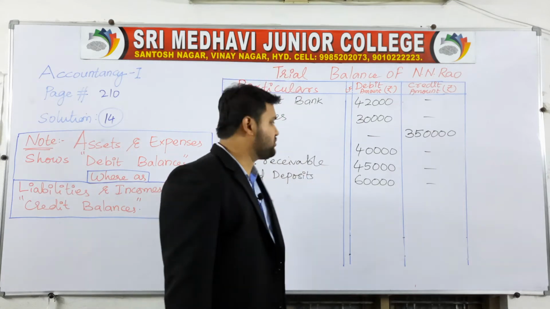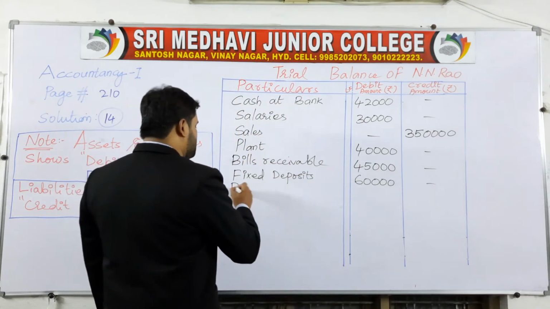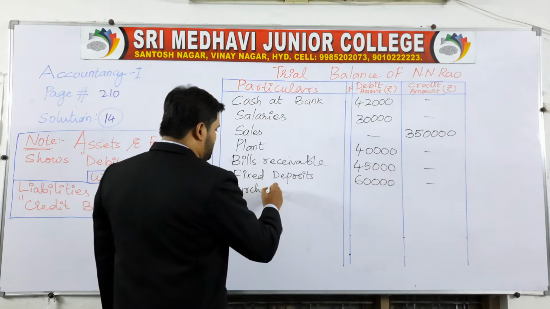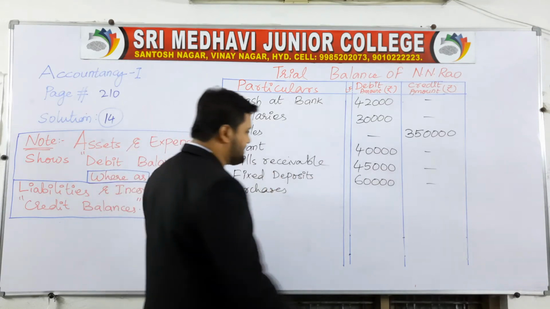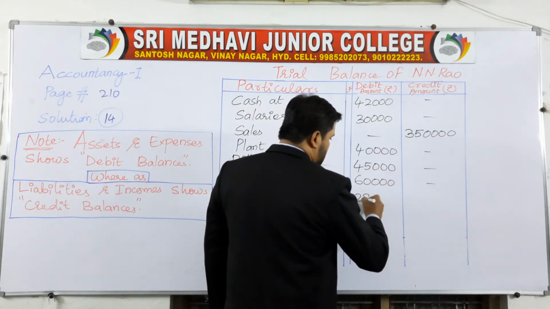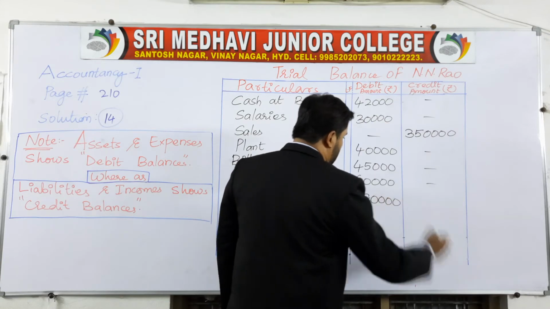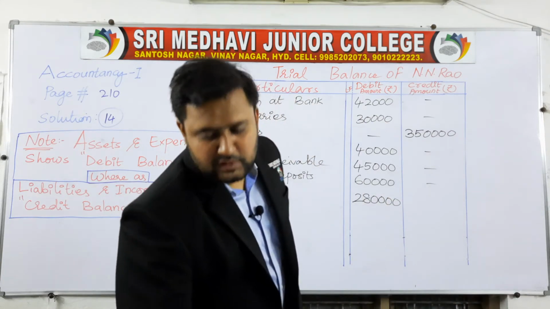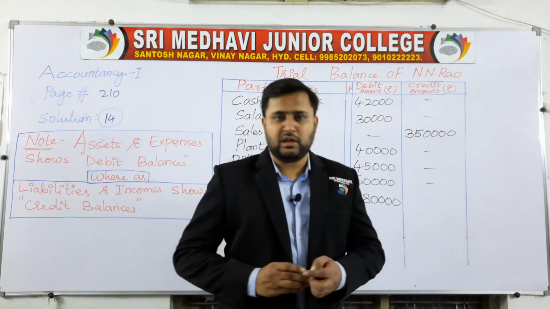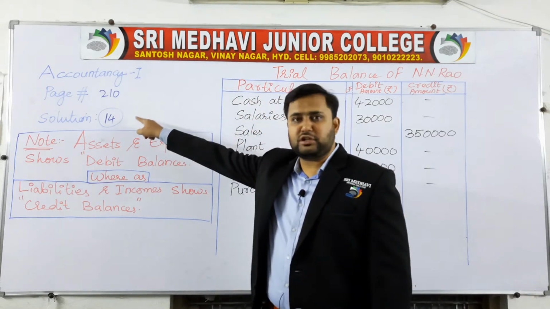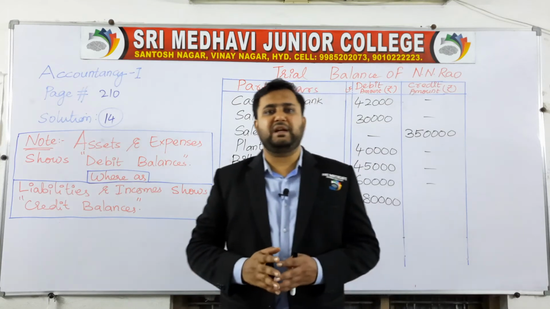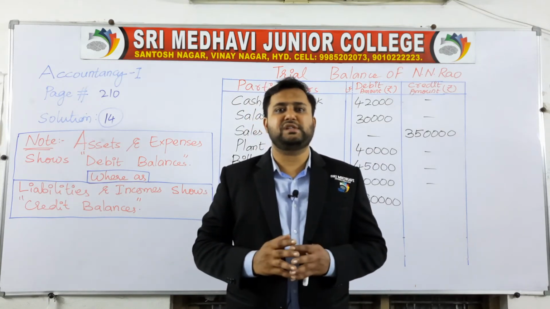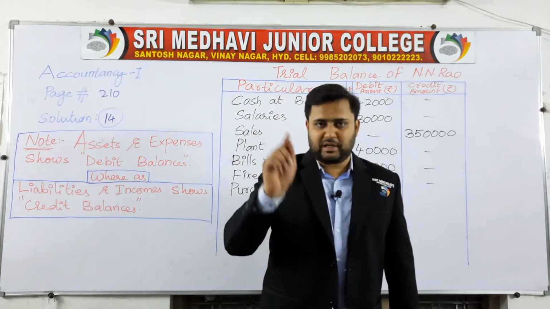Purchases, 2,80,000 rupees. Purchases is an expense, and an expense shows debit balance. Purchases, 2,80,000. Opening stock, 30,000. Here in this question, page number 210, question number 14, a misprint, a typing mistake, has occurred, so you have to rectify it.